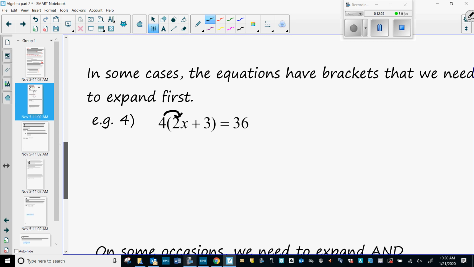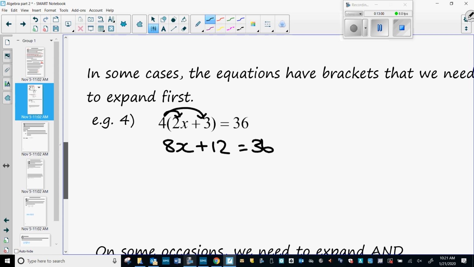We have a 4 at the front and a 2x inside. What's 4 lots of 2x? 8. Lovely. And what would I have next? 4 times 3, which is 12. Is that positive or negative? Plus 12, because both of these things are positive. So all I've done first of all is expand my brackets.